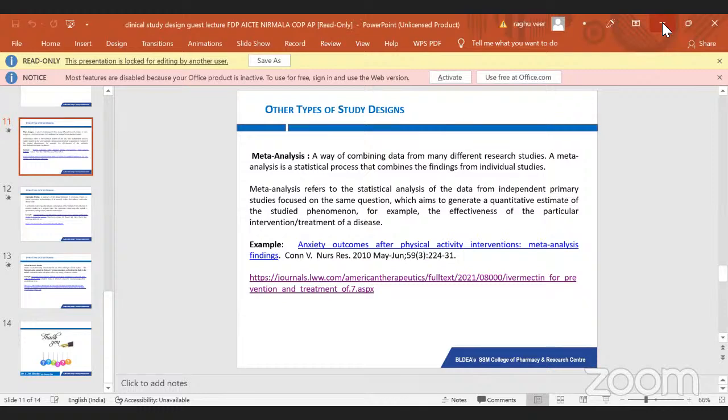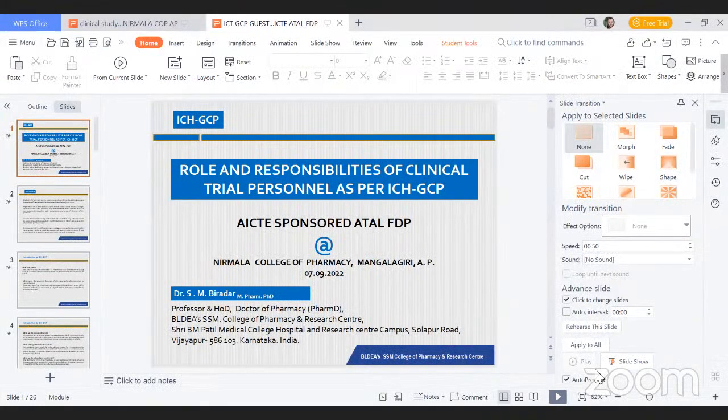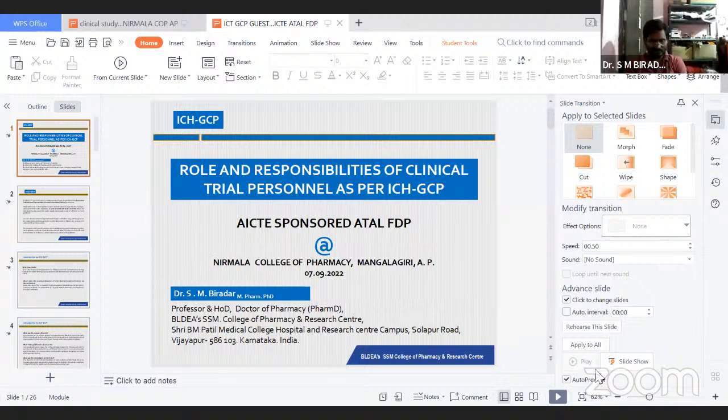There is one question from participants, sir. If meta-analysis is the statistical outcome of intervention, then what is the outcome of systematic review? See, systematic review and meta-analysis: it is nothing but your conclusion among all the results.